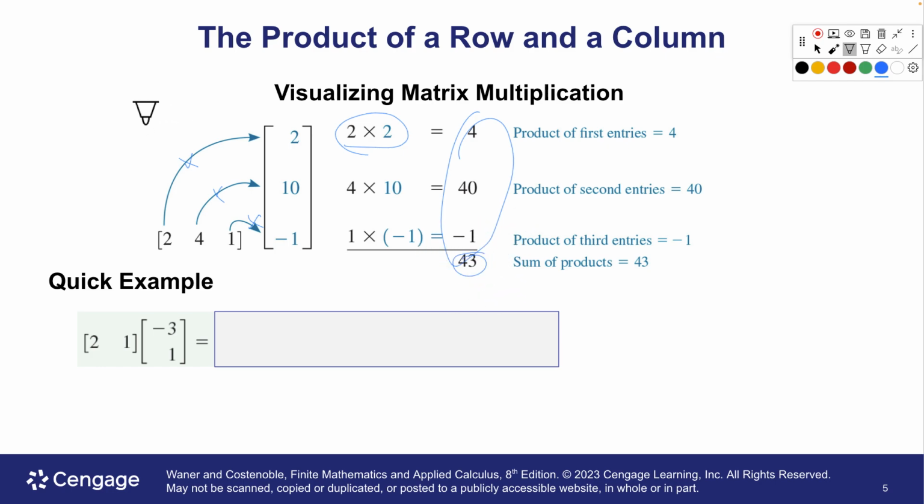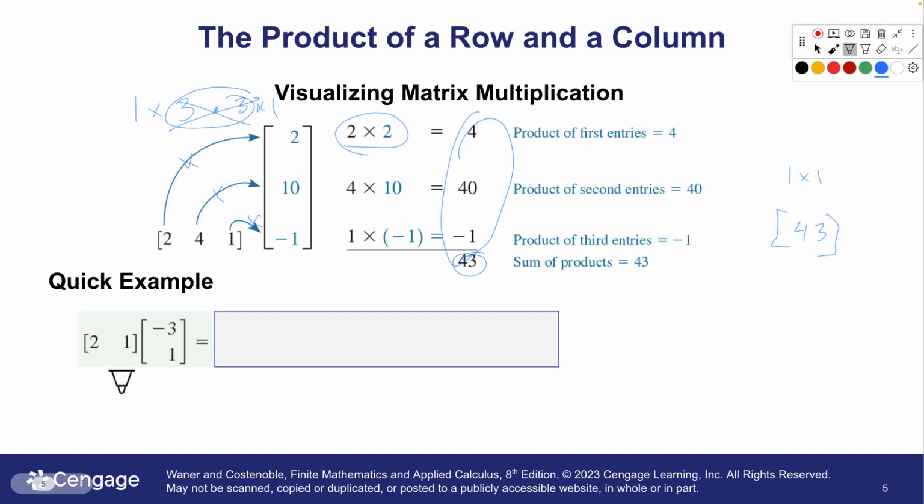Notice this was a one row by three columns. The second matrix was a 3 rows by one column. So when we multiply, the middle term canceled out, and we were left with a 1 by 1 matrix, which is just the answer of 43.